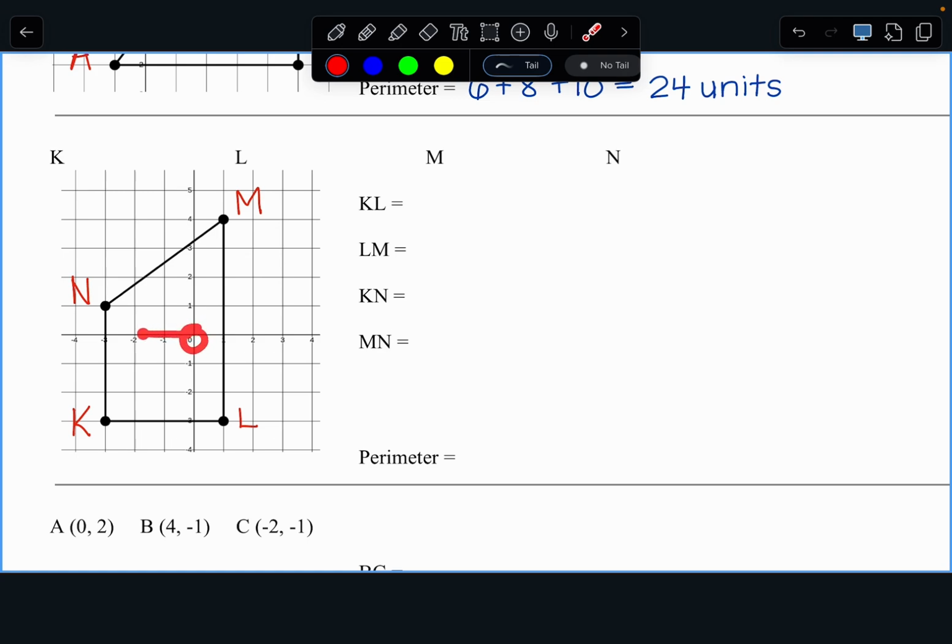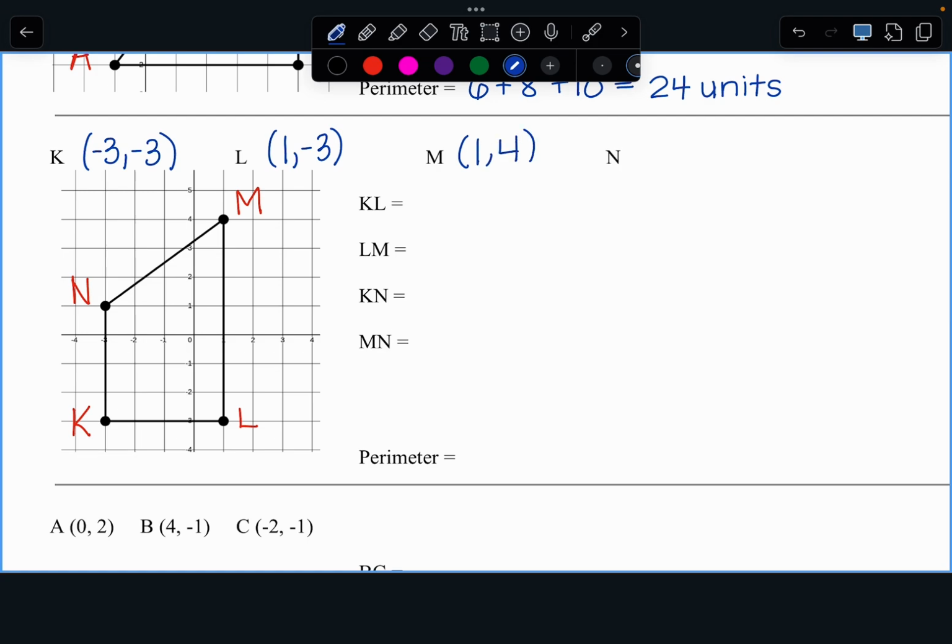K is -3, comma -3. L, +1, -3. M, +1, +4. And N, -3, +1.